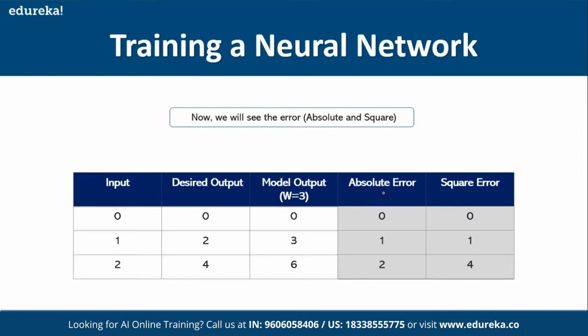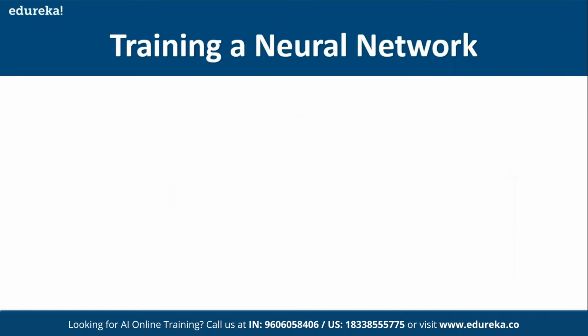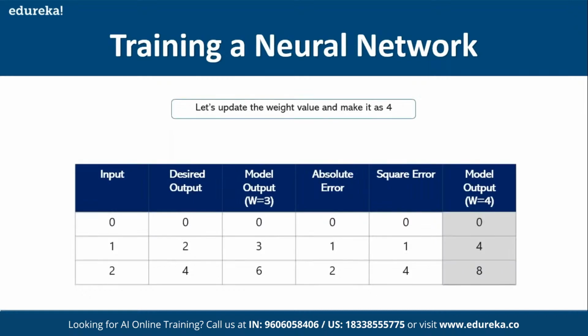The squared error of my absolute errors is: 0, 1 squared is 1, 2 squared is 4. So for the model output where w equals 3, I got my squared error as 0, 1 and 4. Now I change my weight from 3 to 4.